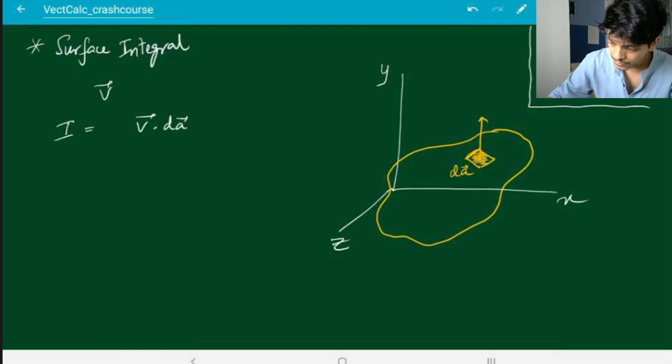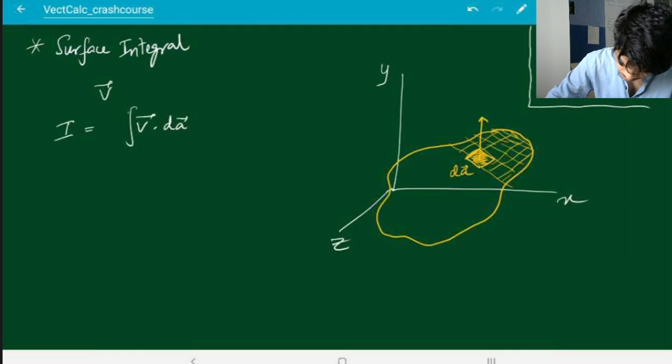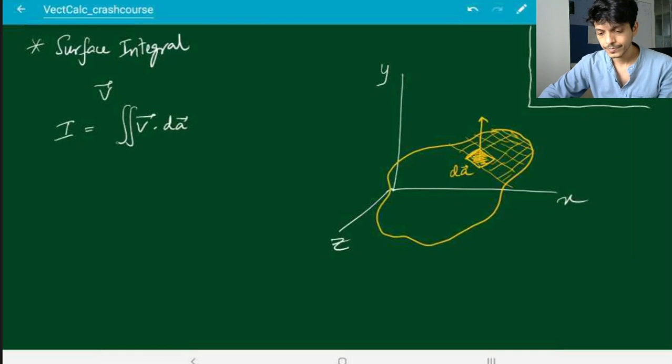Then I will integrate over all such infinitesimal areas on this surface. So this entire surface will be divided into infinitesimal areas and I will integrate over them. So double integral. So that's how you do a surface integral.